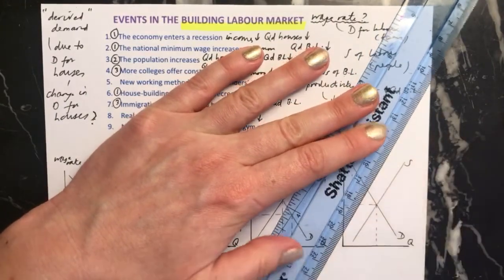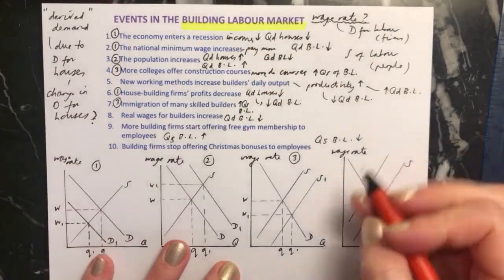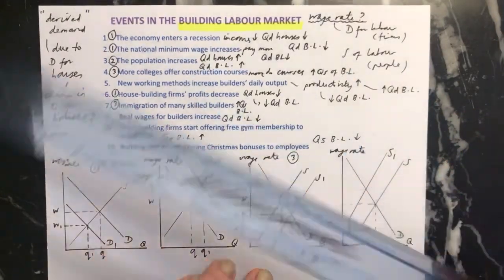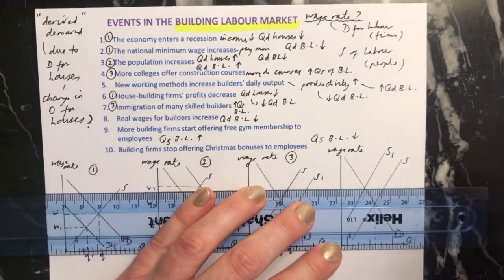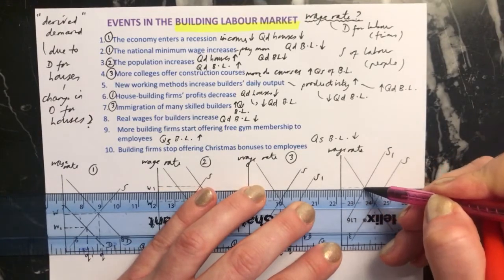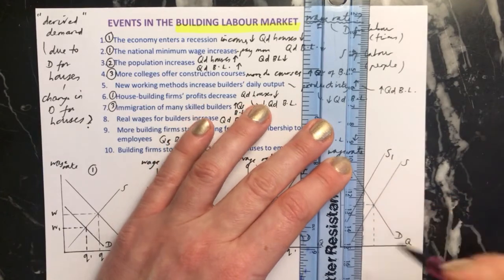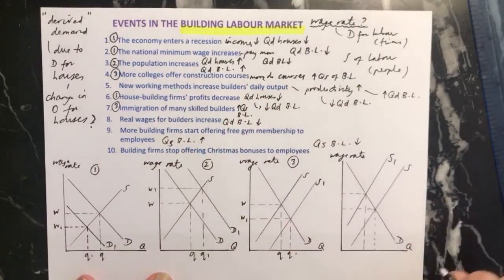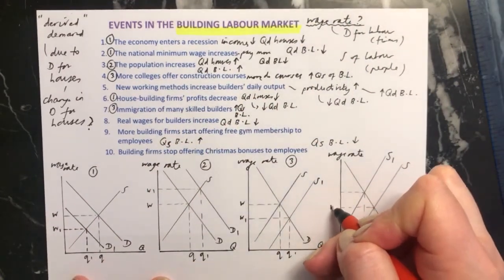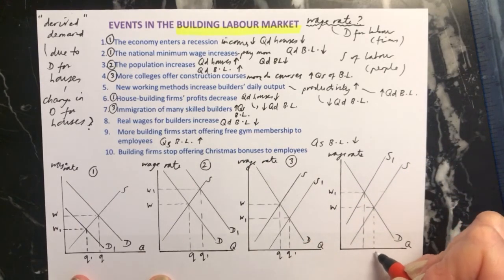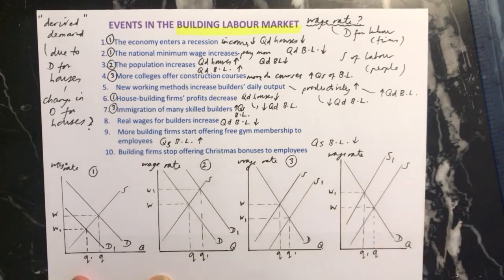So shift to the left here. That should be parallel. And that will be S1. And then put in your new equilibrium, which is here and here. And you can see that the wage rate, because of a lower supply now of labour, has gone from W to W1. It's gone up. And the quantity has fallen from Q to Q1.